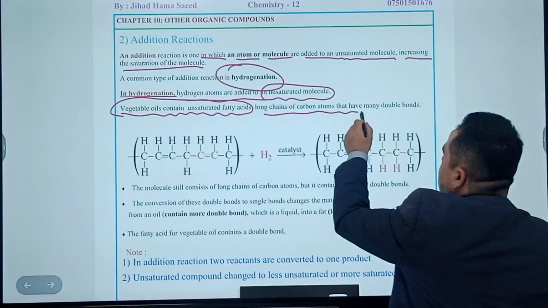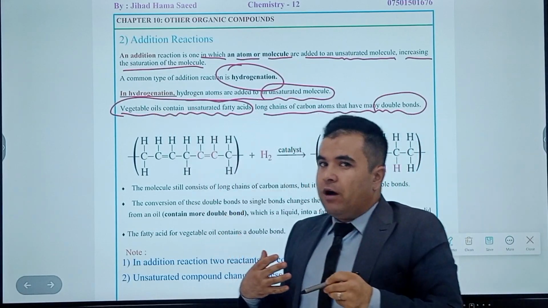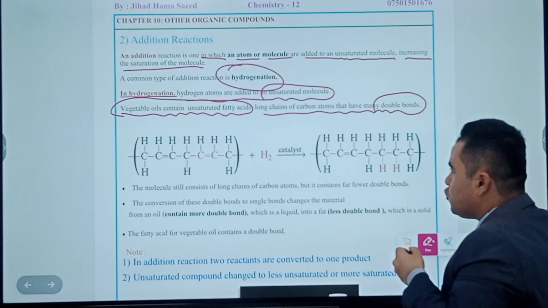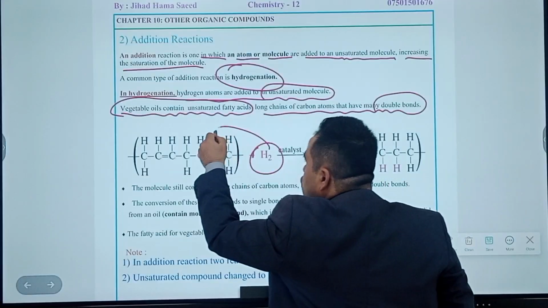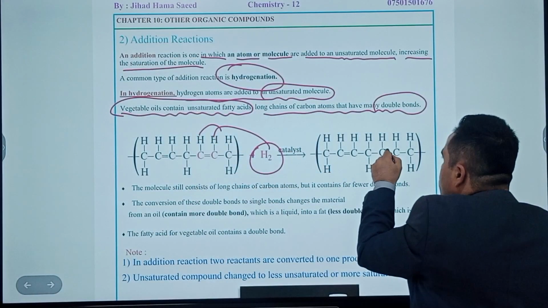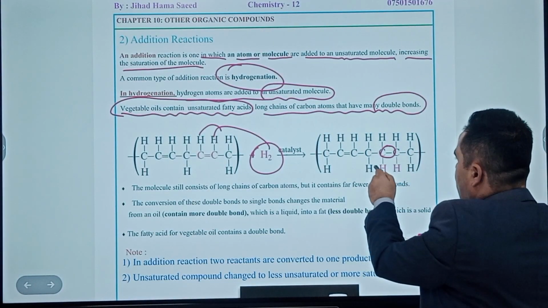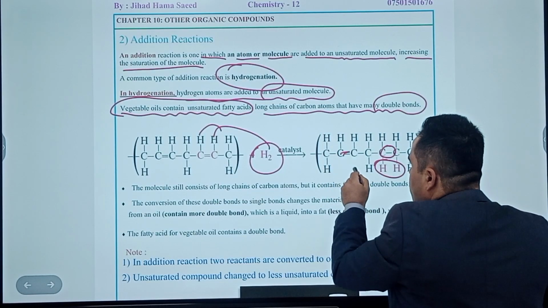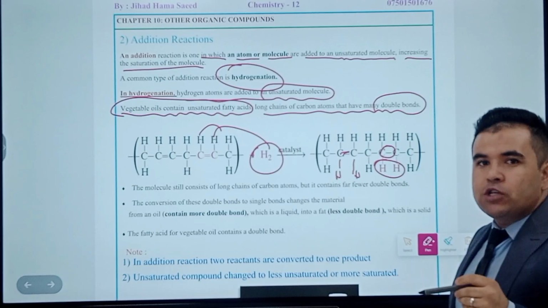a long chain of carbon atoms that has many double bonds. Here the vegetable oil has many double bonds and undergoes a saturation hydrogenation process by inserting hydrogen, which removes the double bonds, inserting two hydrogens. If you add more hydrogens, it becomes more saturated.